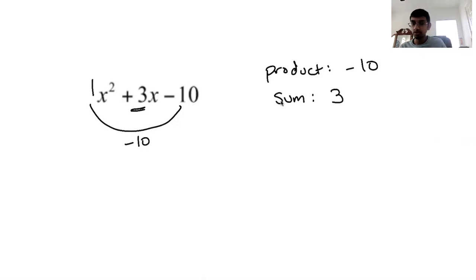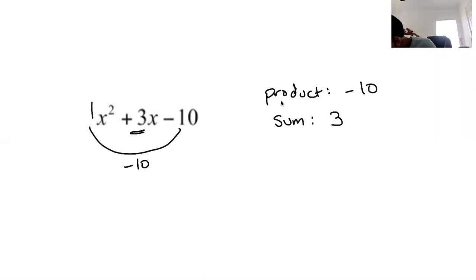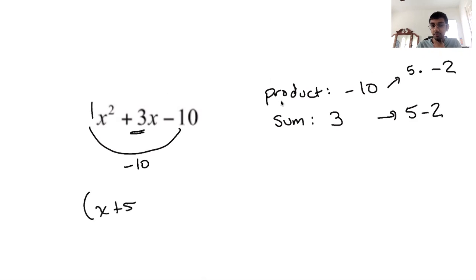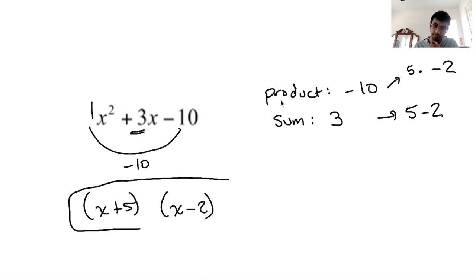So it works out. Let's write this down: 5 times negative 2 and 5 minus 2. Good, and that would work out. So now we would just write this as (x + 5)(x − 2), and that is your answer.